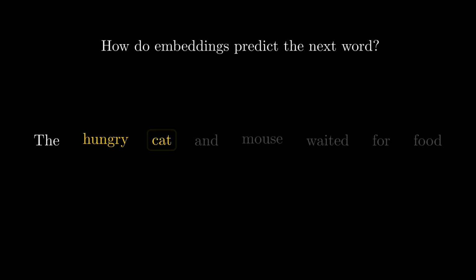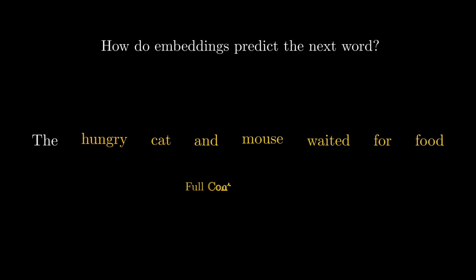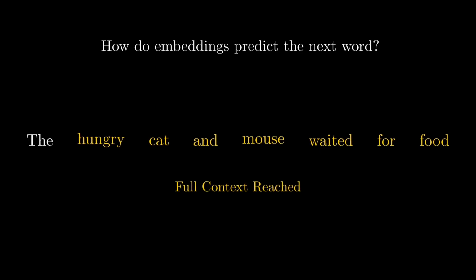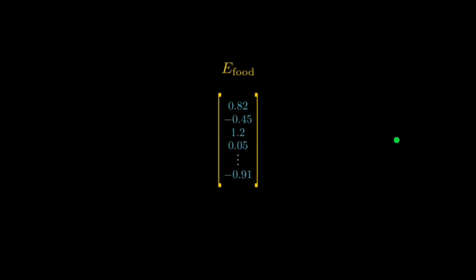And this keeps going, step by step. In our sentence, the final word food ends up carrying the compressed representation of the entire sequence. It becomes a single vector that captures everything the previous words expressed, blended together with its own meaning, almost like a summary of the whole sentence, living inside one final embedding.